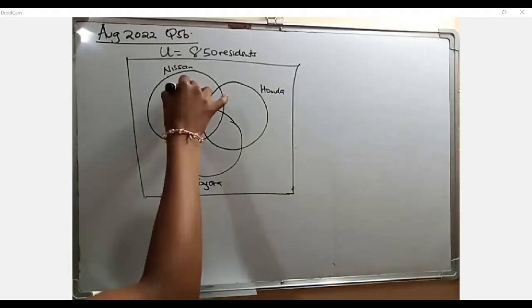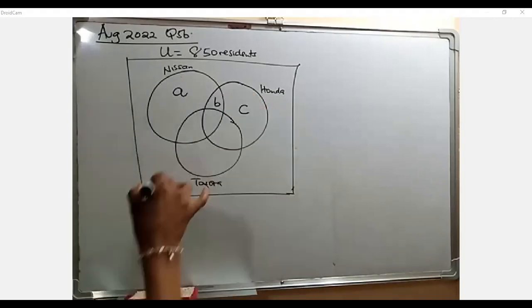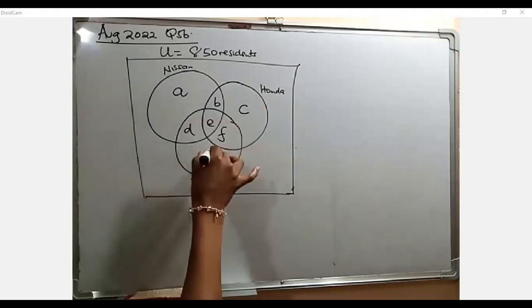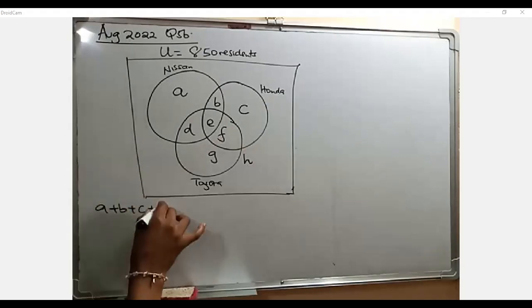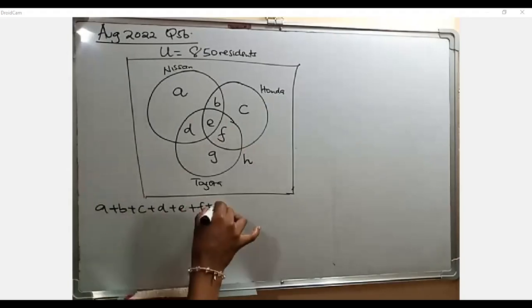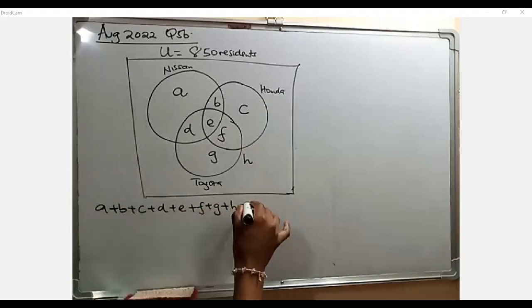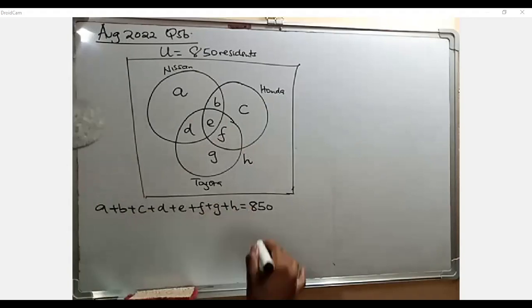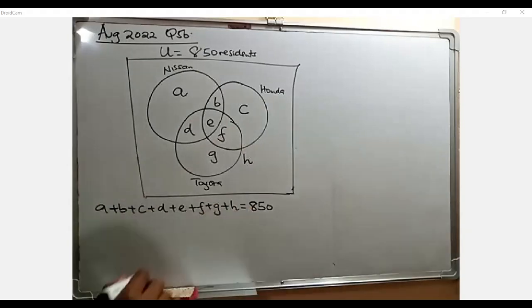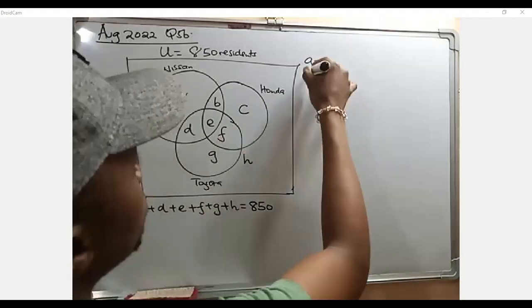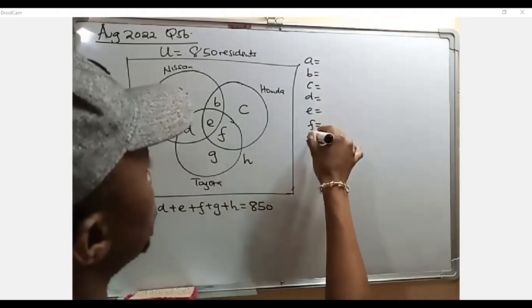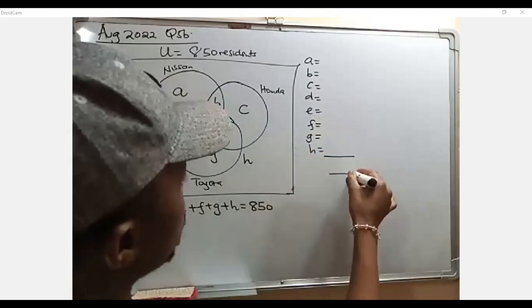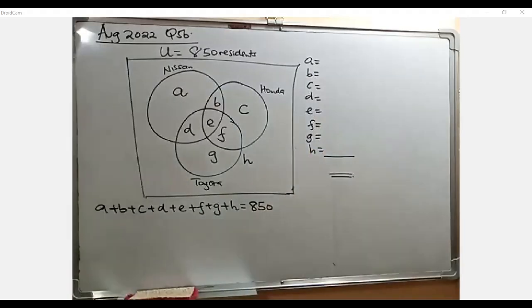So here we have our A, this is B, this is C, this is D, E, F, G, and H. Without even starting to analyze the question, you say A plus B plus C plus D plus E plus F plus G plus H should be equal to 850. When I get these values, I will be putting them here, and the totals we are going to be getting down there.